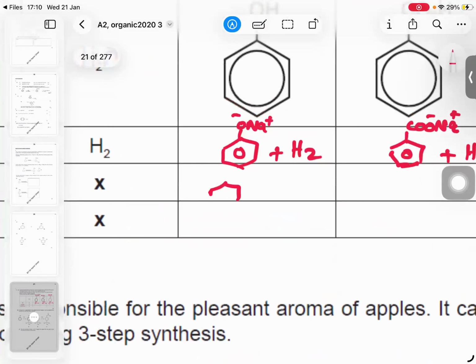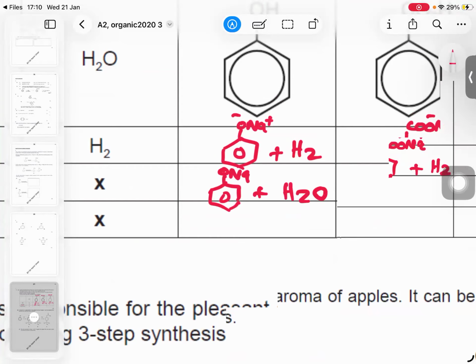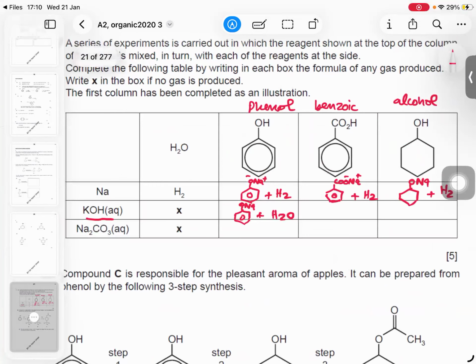Yes, they do, to form sodium phenoxide again along with water, not hydrogen. Does potassium hydroxide react with the carboxylic acid? Yes, to form COOK, the salt of carboxylic acid, benzoate, plus water. Sorry, KOH gives COOK, potassium positive.